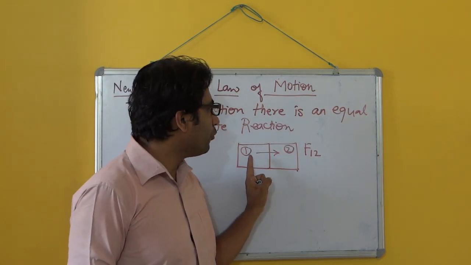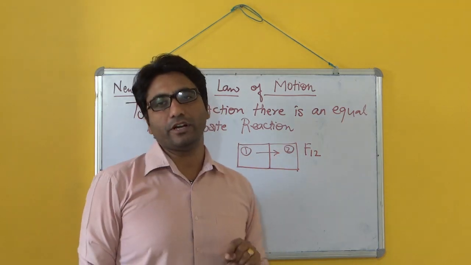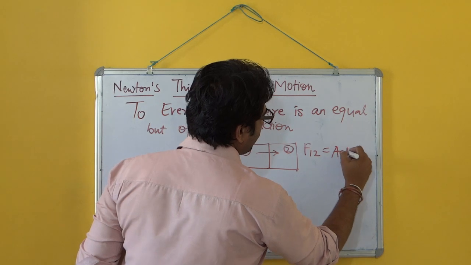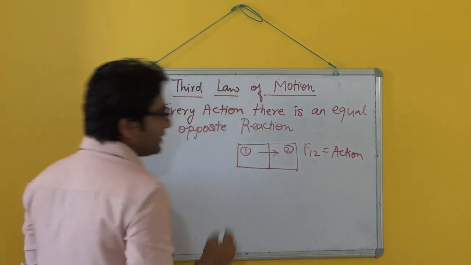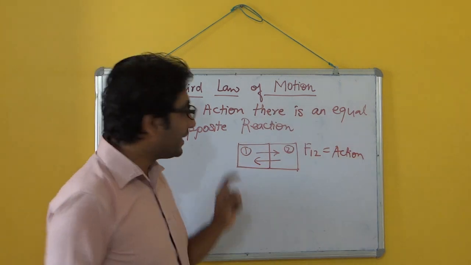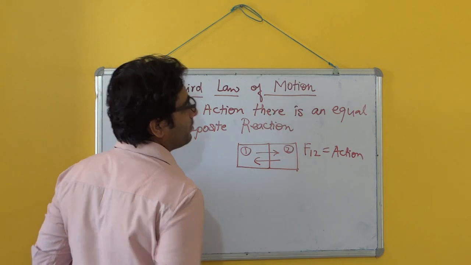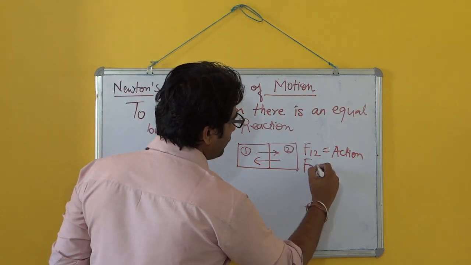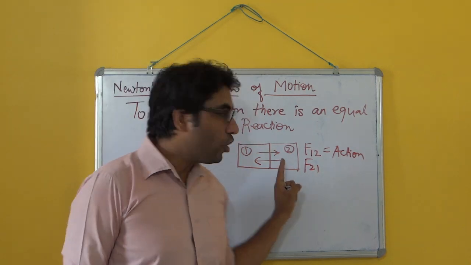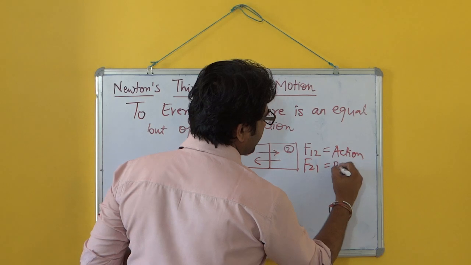F12 is the force which is applied by the first body on the second body. So we can take it as action force. Similarly, there will be a reaction force. Reaction force is applied by the second body on the first body. That means F21. F21 is the force applied by 2 on the first body. So this is known as reaction force.